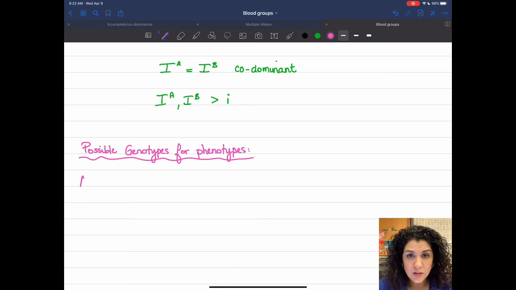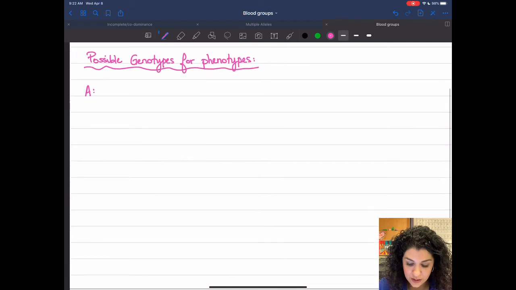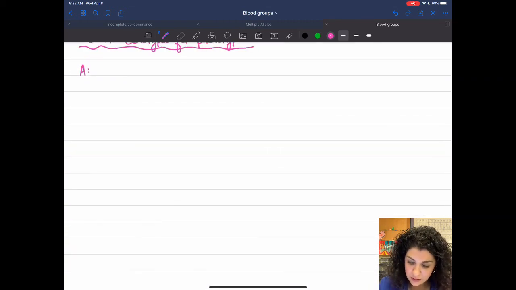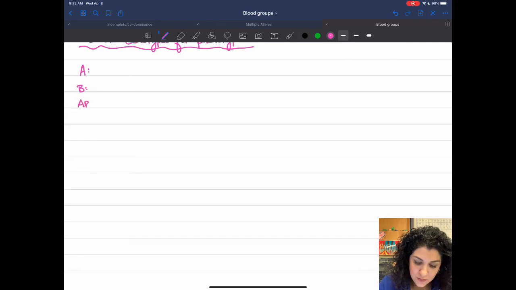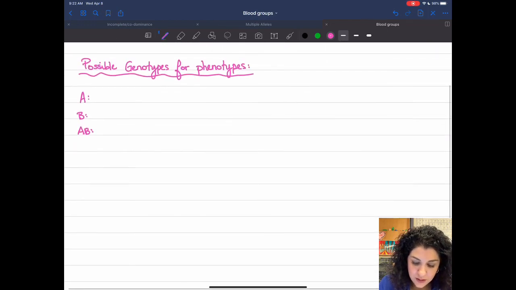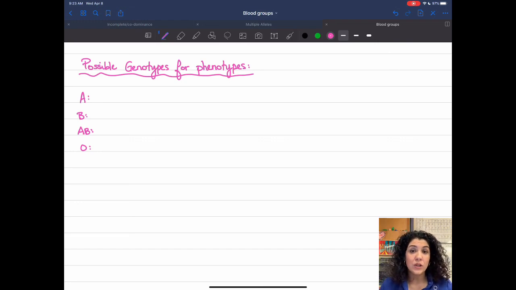So again, my possible phenotypes are, I can have type A blood, I can have type B, I can have type AB, and I can have type O, or in this case really should be 0 because you don't have any immunoglobulin on your red blood cells.